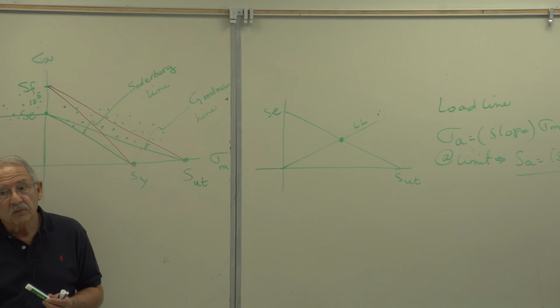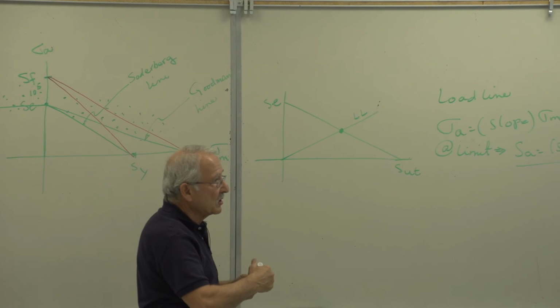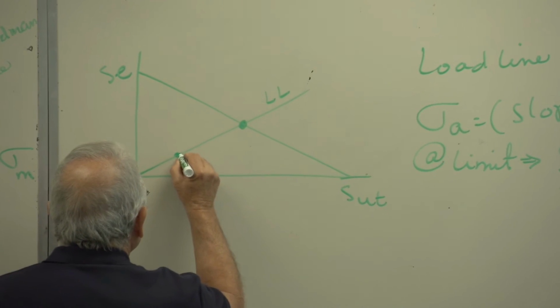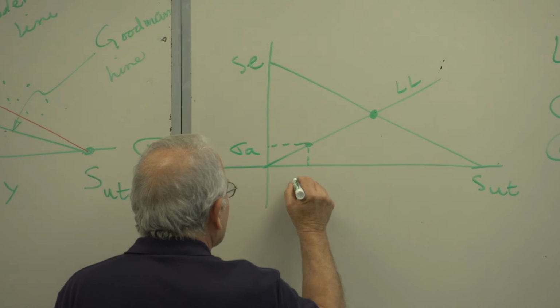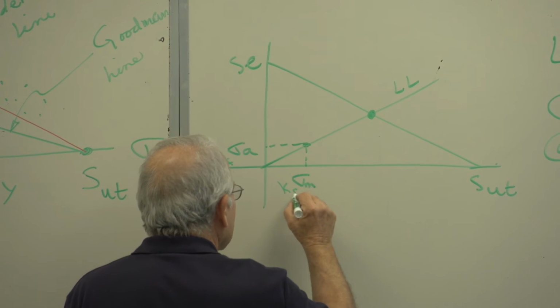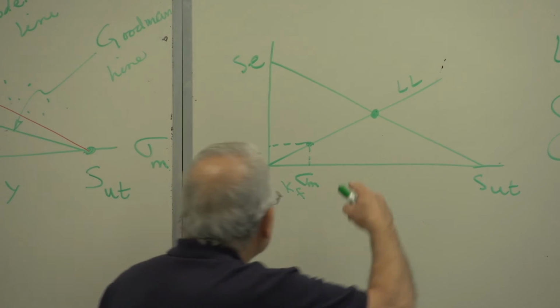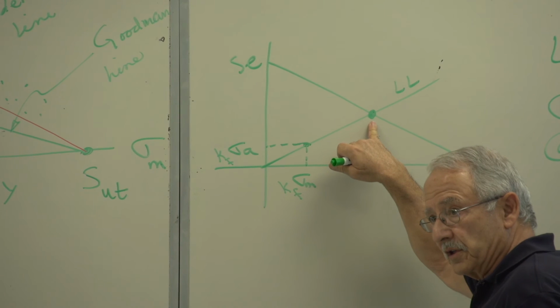My point, which we will plot here, in fact, we have the stresses, 367, 183.5. That may fall here. This is sigma a, and that's sigma m. Kf sigma m, Kf sigma a. But I write the equations for this line with these coordinates.